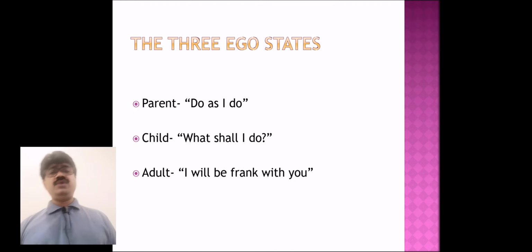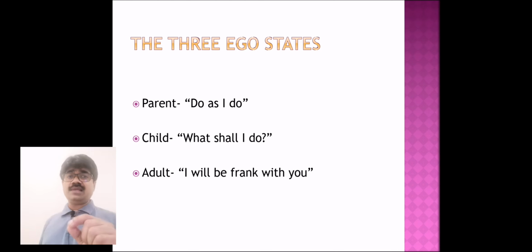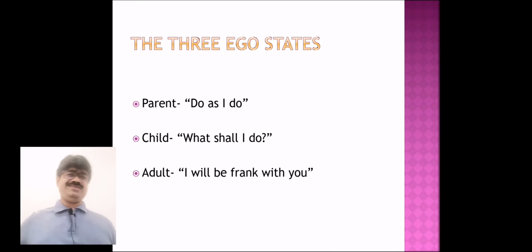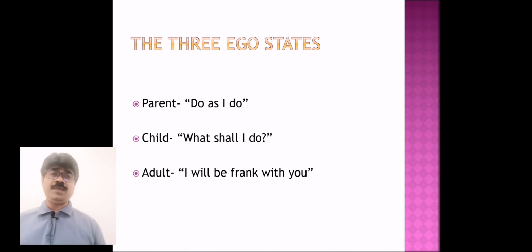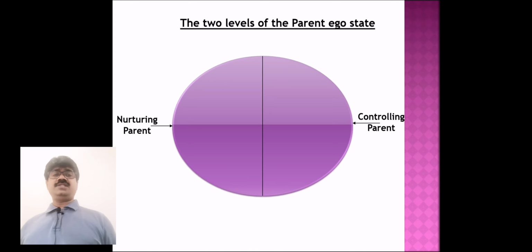Or mommy, what shall I do? Come on, tell me, what shall I do? If somebody is behaving like that, he is in his child ego. And there are some people who say, I'll be frank with you, come on, let us be frank, or frankly speaking, this is. That kind of behavior shows that he is in his adult ego state. So these are the three states.